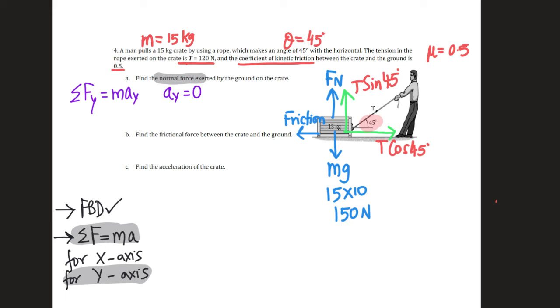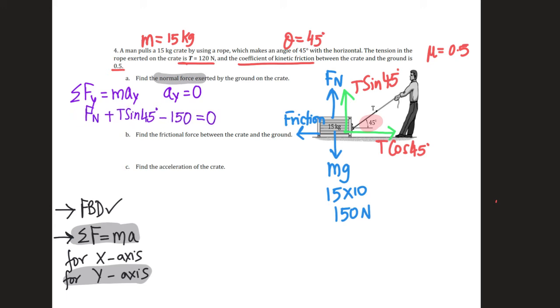Looking at the diagram, we have Fn and T sine 45 acting vertically upwards and 150 acting vertically downwards. So we write Fn positive plus T sine 45 also positive because they are upwards, minus 150 because it's downwards, equal to 0.